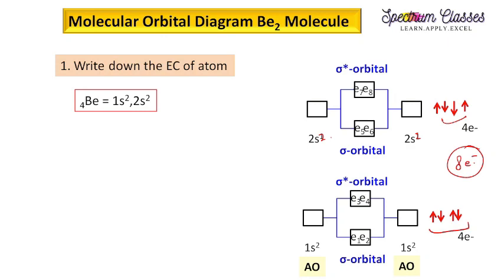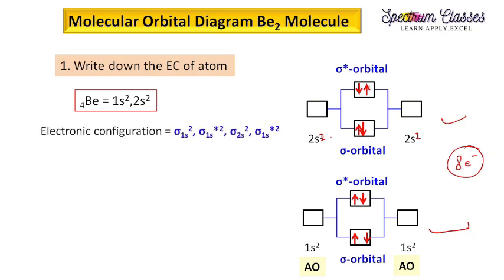This is how we fill the electrons, and these are all paired, so they follow the Pauli exclusion principle.